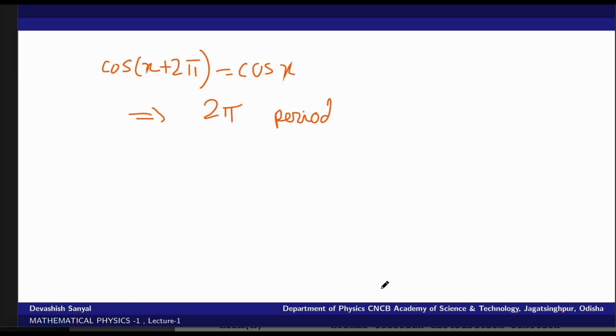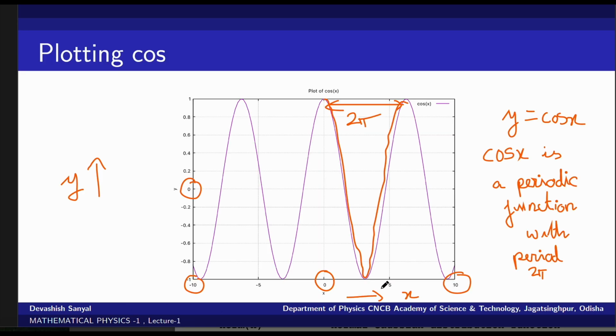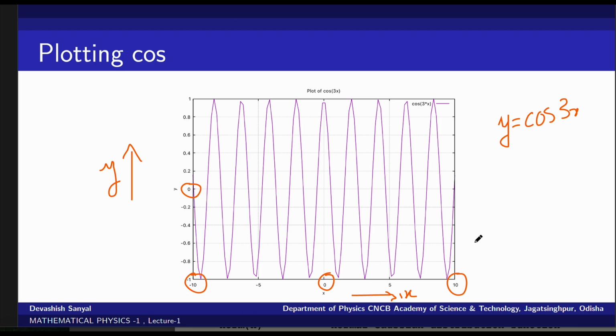So compared to cos x, you can see this cos 3x changes more frequently.